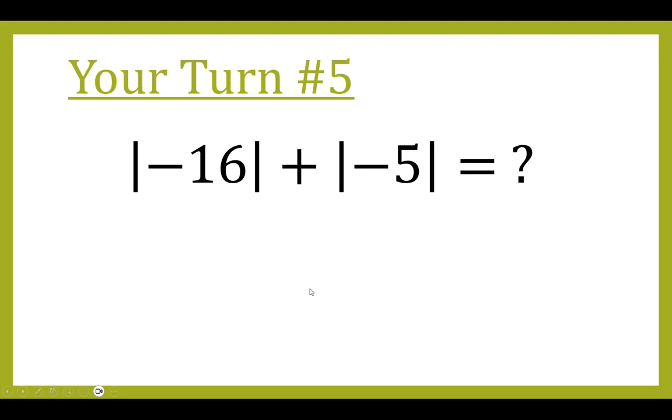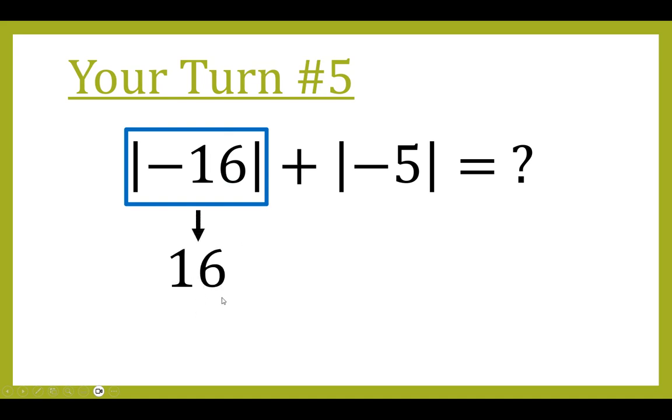All right, we're on your turn number 5, and if you want to pause the video, go ahead and pause it. So I'm going to start like I did with your turn number 4. I'm going to start by looking at this absolute value, and my absolute value is of -16. Well, I know that that is +16.